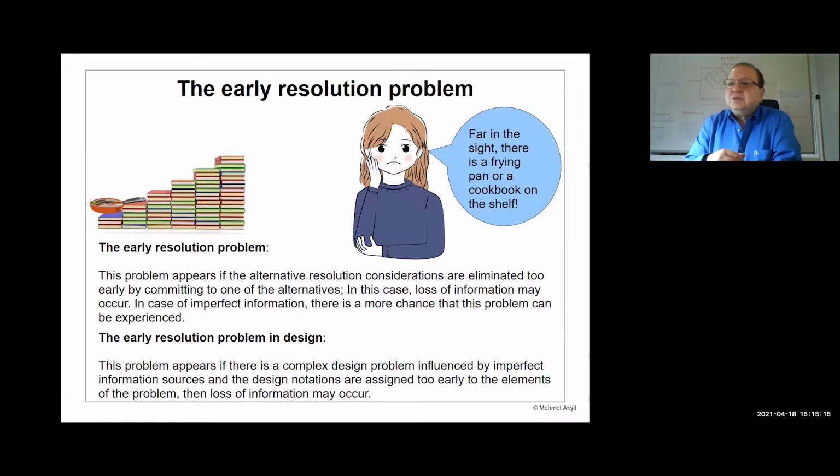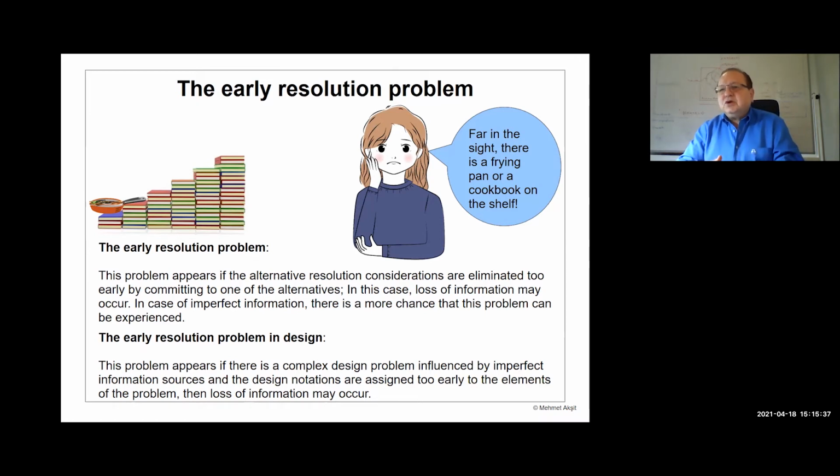The early resolution problem in design appears if there is a complex design problem influenced by imperfect information sources, and the design notations are assigned too early to the elements of the problem, then loss of information may occur.